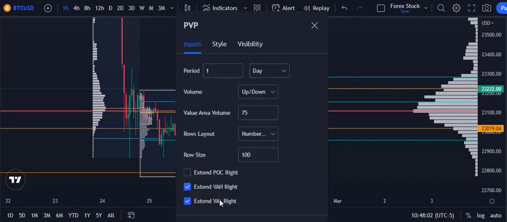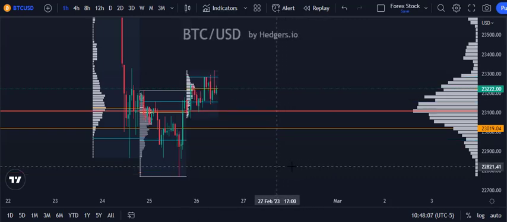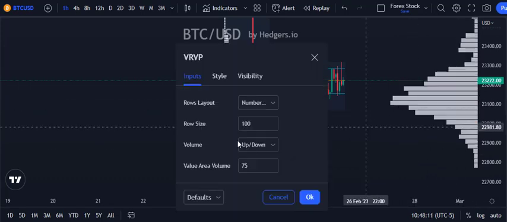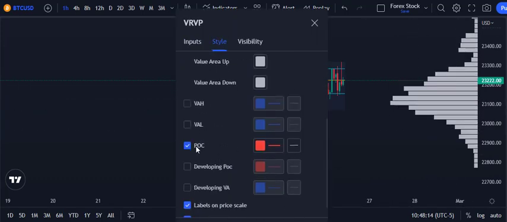If you are confused with these points, you can just remove them and it will look something like this for you. You can turn off this red as well if it's confusing.